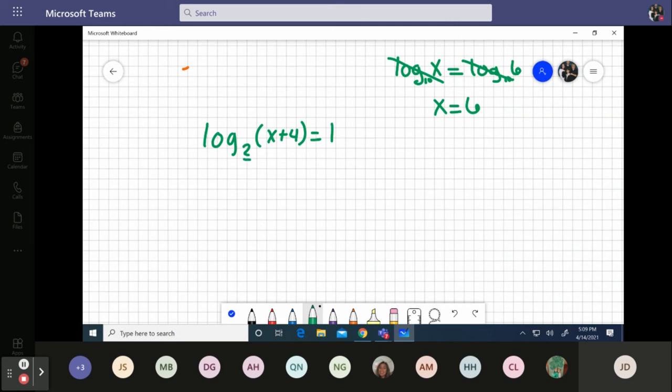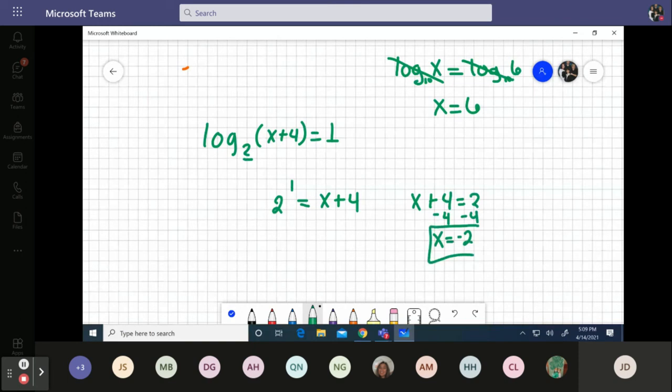When it's in log form, this is my base and this is my exponent, right? So 2 to the 1 is equal to x plus 4. And x plus 4 equals 2. Subtract that 4 and x is equal to negative 2.